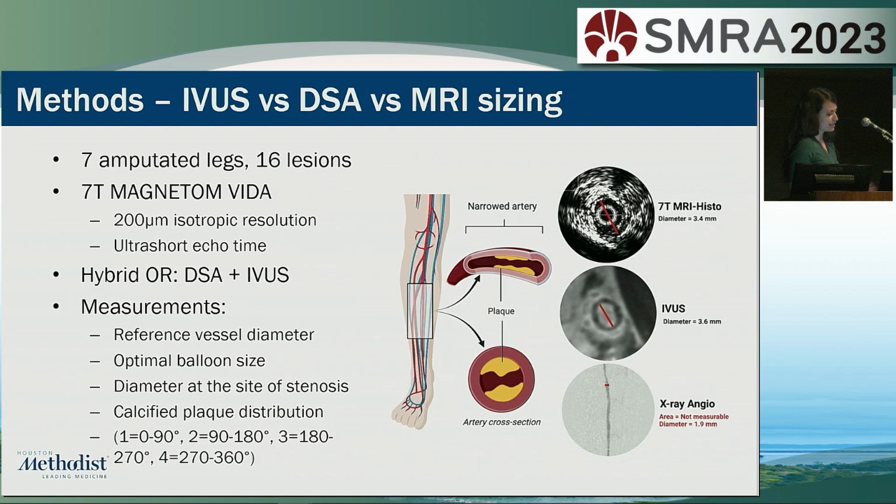And we took the legs to the hybrid OR, where we performed the aforementioned DSA and IVUS experiments. For the measurements, we measured reference vessel diameter, the optimal balloon size, the diameter at the site of the stenosis, and we also evaluated calcified plaque distribution.